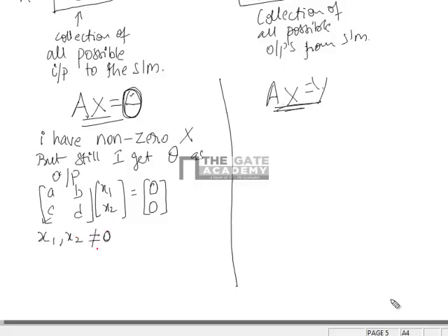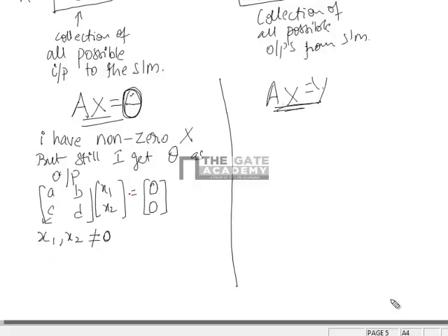If x1 and x2 are zeros, definitely irrespective of the value of a, b, c, d, I will get 0, 0. Correct? So x1, x2 not equal to 0, I want to find what is a, b, c, d operated by x1, x2, I am getting 0. How is it possible? I want to know. Correct? How is it possible?